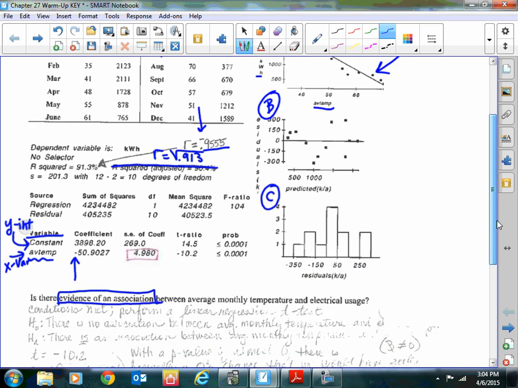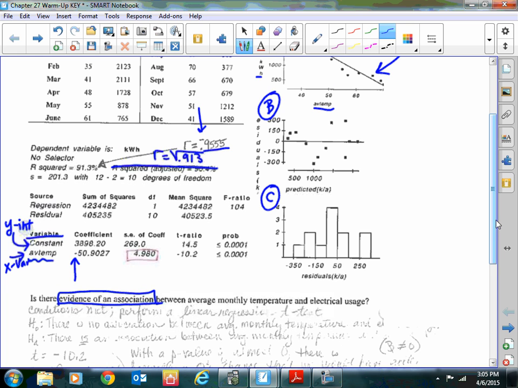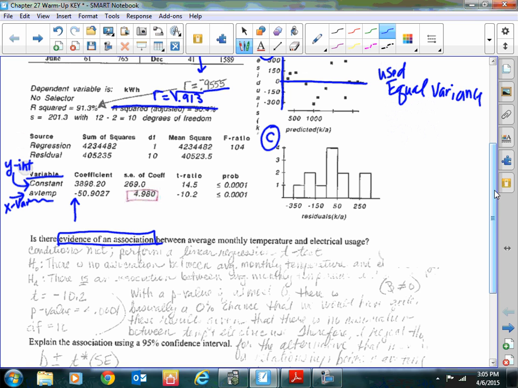What we do not want to use for this problem is this straight up residual plot. This one is going to be used for equal variance. Generally speaking, the two options I have are a plot of the residuals this way, where I see that they're somewhat normally distributed, or a normal probability plot that looks like this.